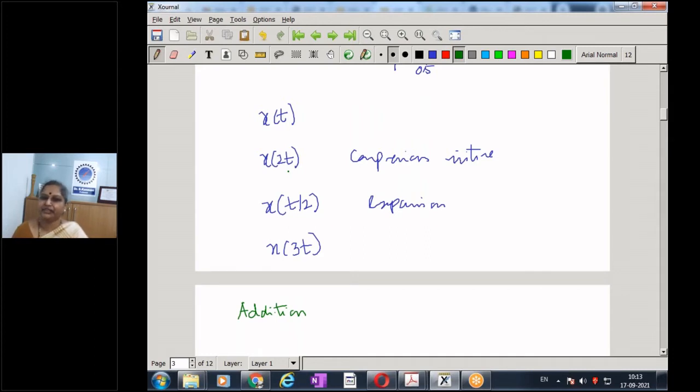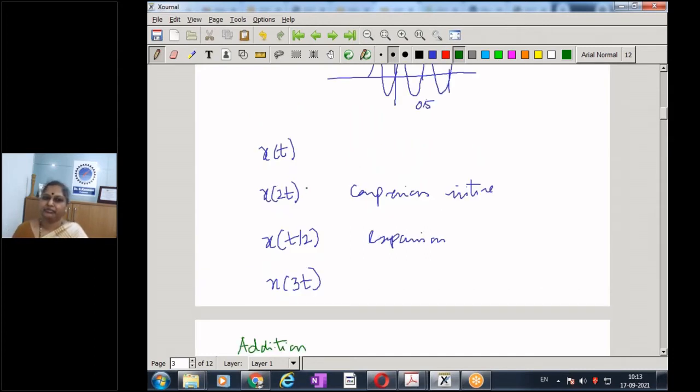Have you ever seen this? If I have x of t and I want x of 2t, I'm compressing in time. Is it possible to compress time? We are telling the signal gets compressed in time. Now the question is, is it possible to compress time?